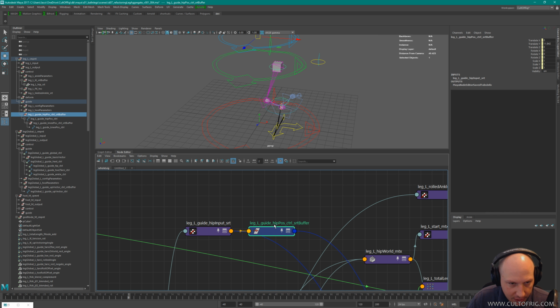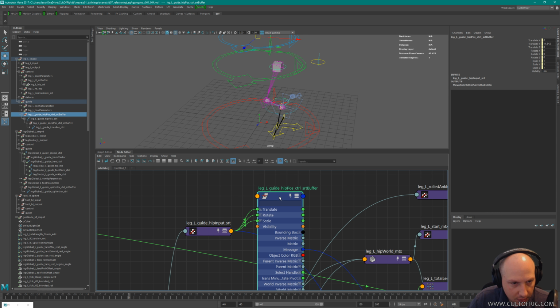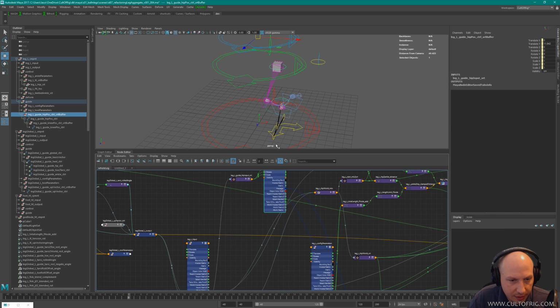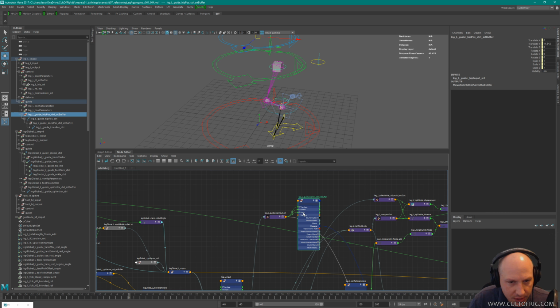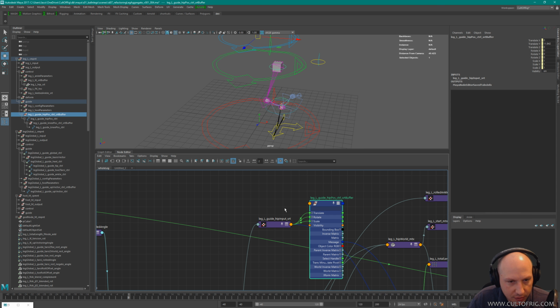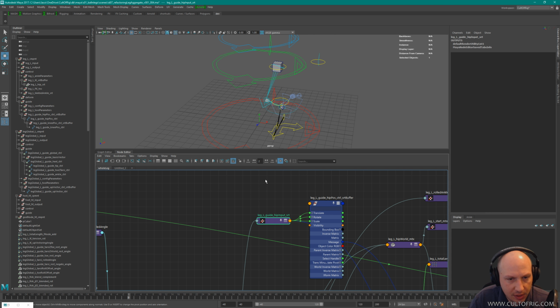So this buffer, I hit pause here. We're only, I believe, caring about its translation. So right now we're taking the hit input and using it for everything. We could in theory orient that to something.